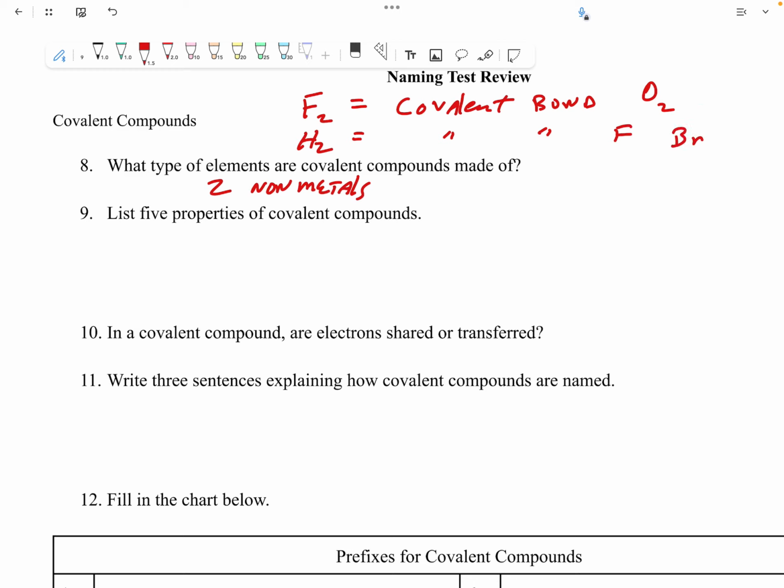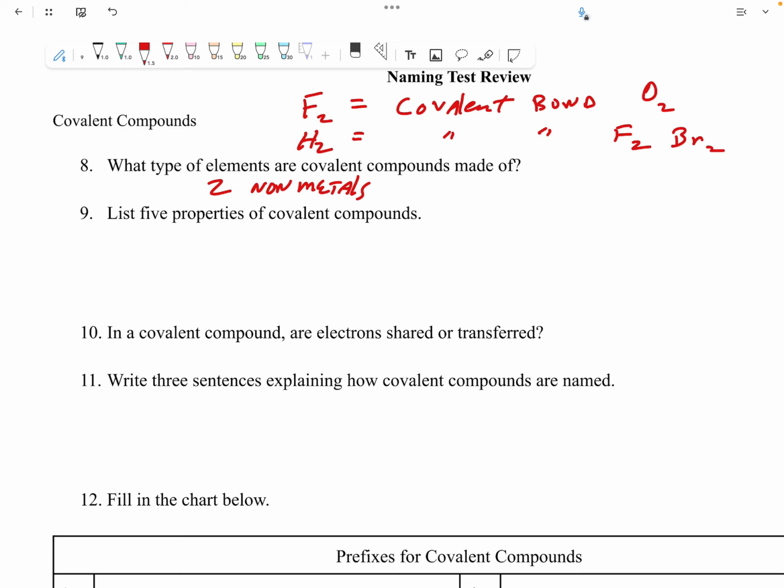When you see that, those are all covalent bonds because of the non-metal nature of that. We have 2 non-metals there: 2 Fs, 2 hydrogens, 2 Os, 2 Brs, 2 Is. Those are all covalently bonded.